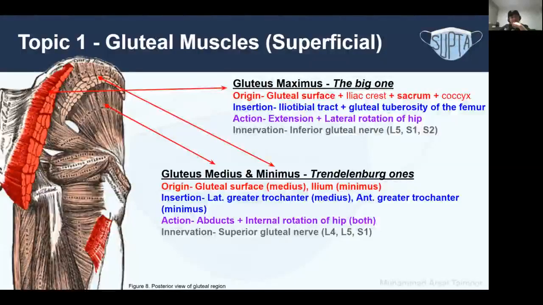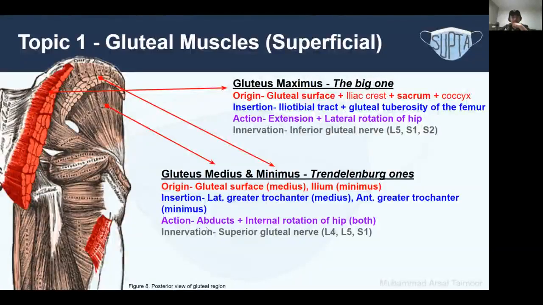They sit right underneath the gluteus maximus. They've got similar origins, the gluteal surface, and then the ilium for the minimus, because the minimus sits underneath the medius, and then inserting onto the greater trochanter. The medius inserts onto the lateral aspect, the minimus inserts onto the anterior aspect of the greater trochanter.